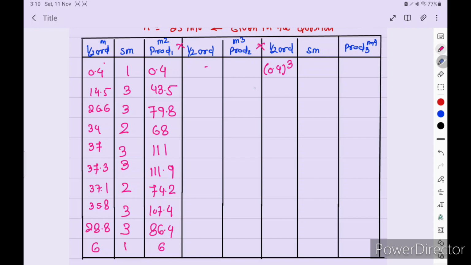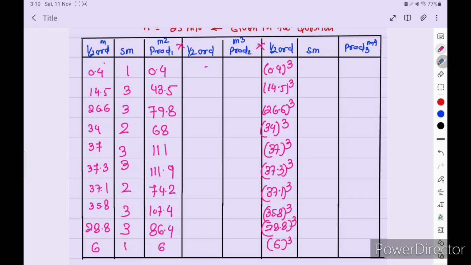So we'll do directly: 14.5 raised to 3, 26.6 to the power 3, 34 to the power 3, 37 to the power 3, 37.3 to the power 3, 37.1 to the power 3, 35.8 to the power 3, 28.8 to the power 3 and 6 to the power 3. The same multiply 1 3 3 2 3 3 2 3 3 1.